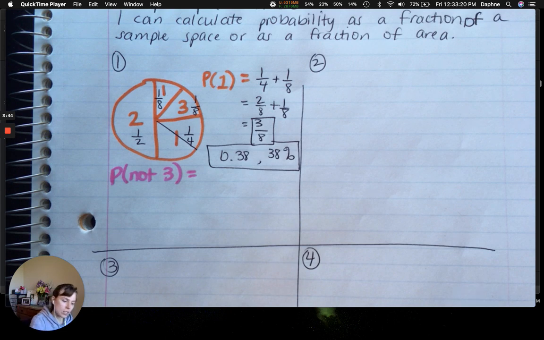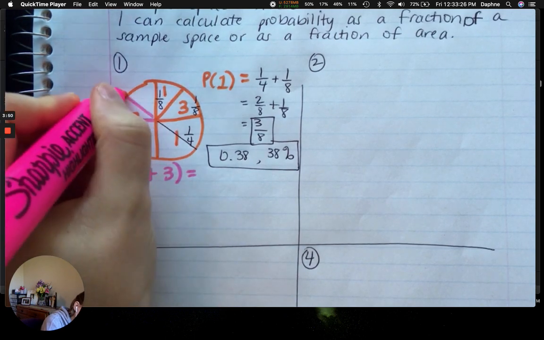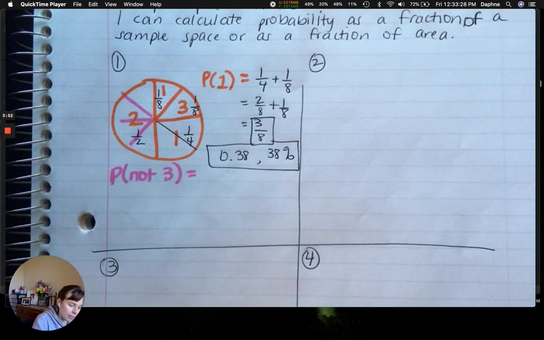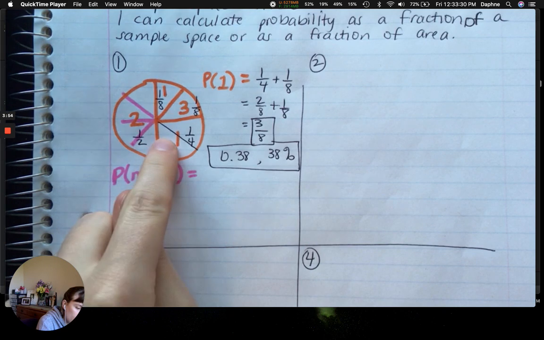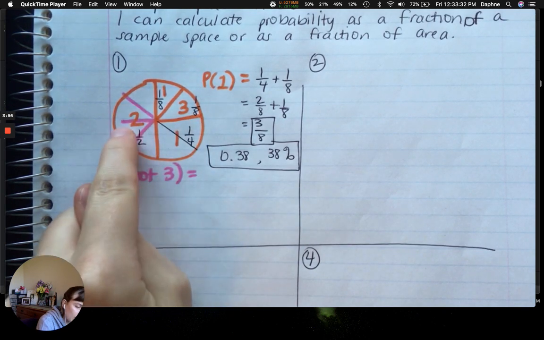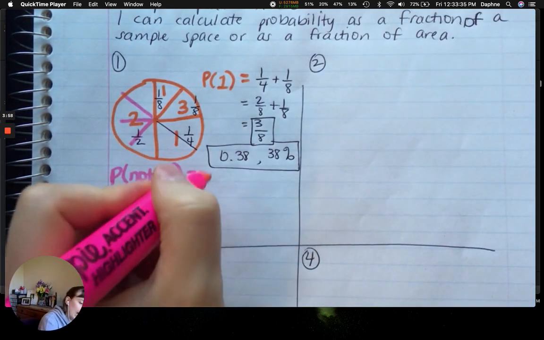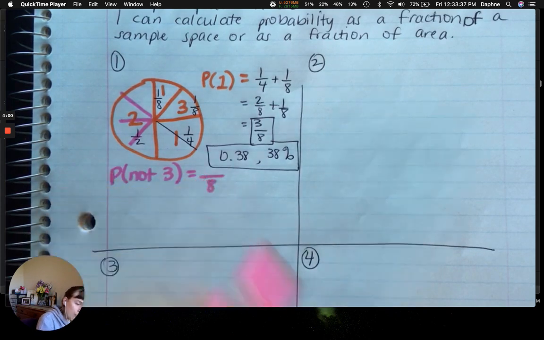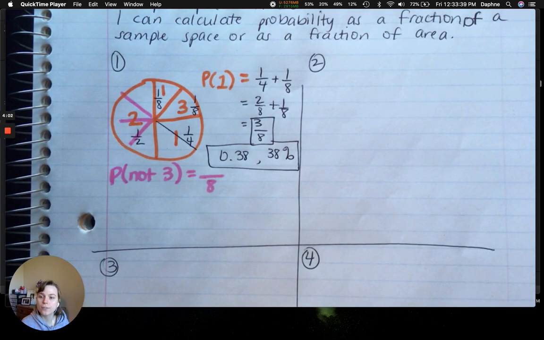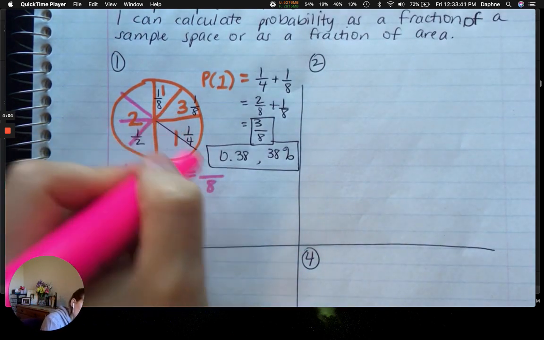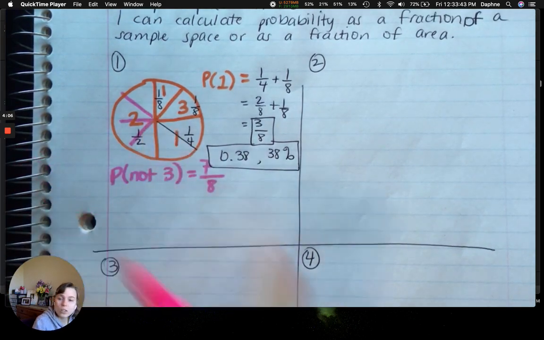How many eighths is this total circle? If I went and drew out every single eighth possible, how many would you have? 1, 2, 3, 4, 5, 6, 7, 8 total. Out of these 8, how many are not 3? 7 of them, because a 3 is only one of them.